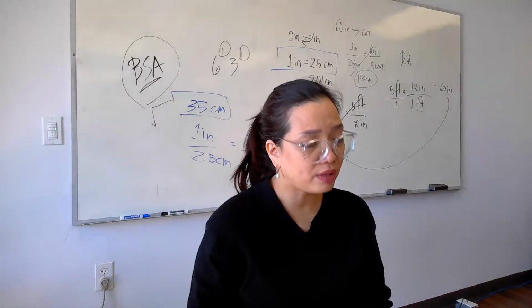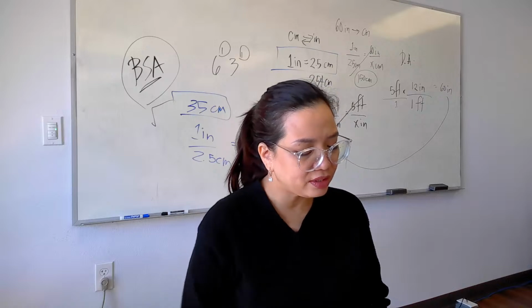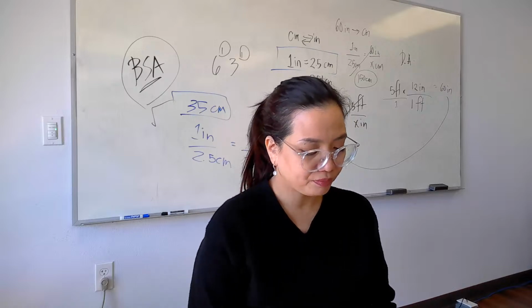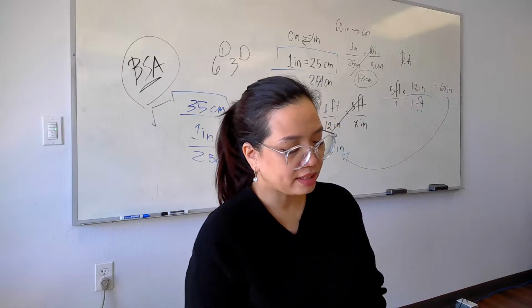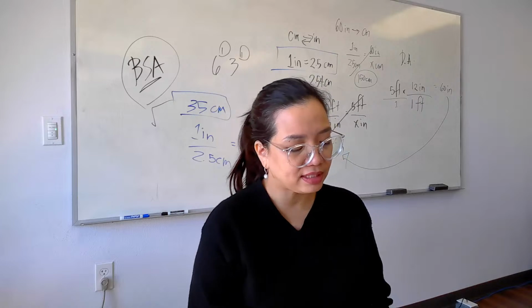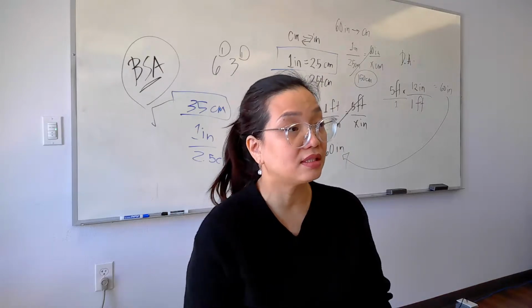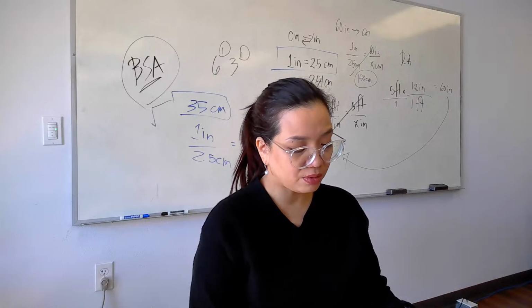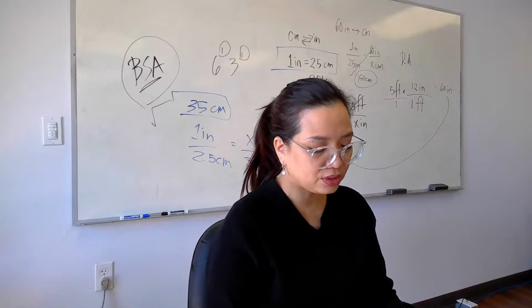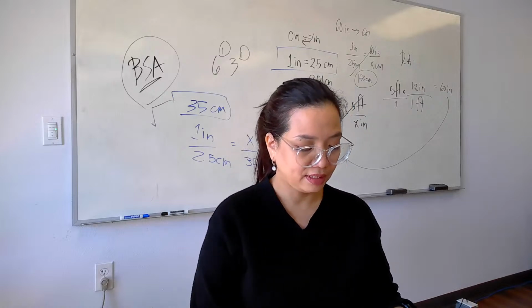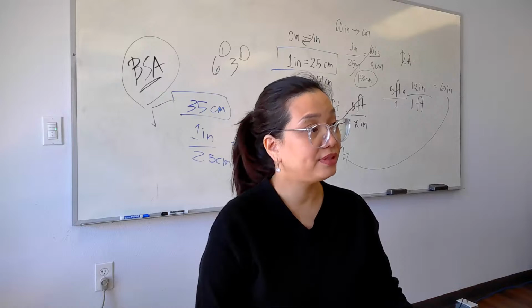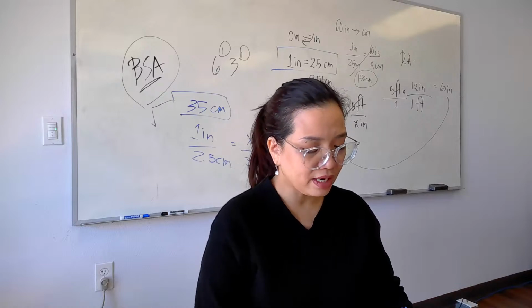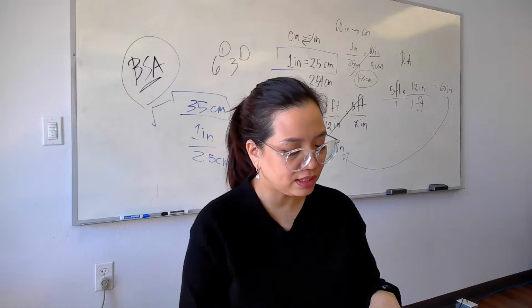Number 12, Brian, 68 inches to centimeters is... Correct. 13, Daya, 556 inches to centimeters is... Okay, I'll get back to you. Number 14, Antonio, 4.5 centimeters to inches is... Correct.